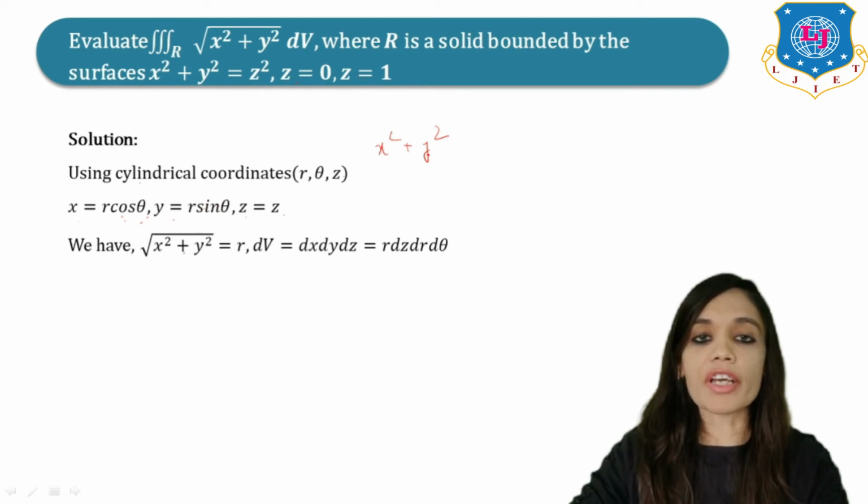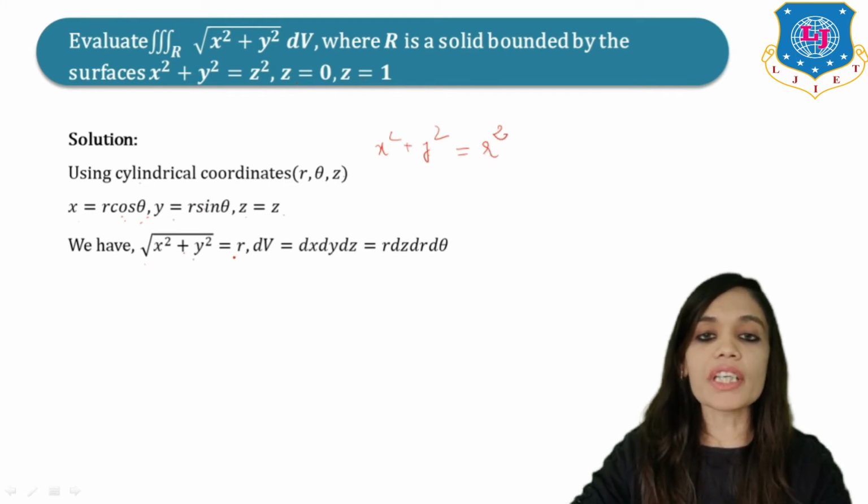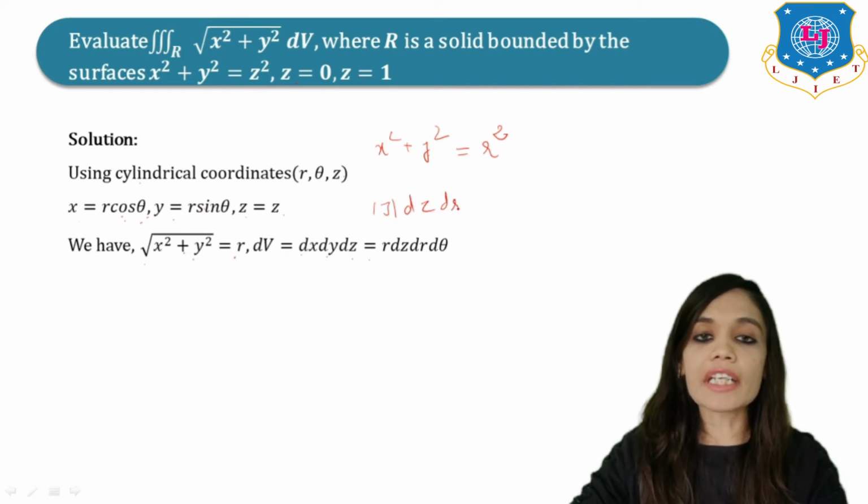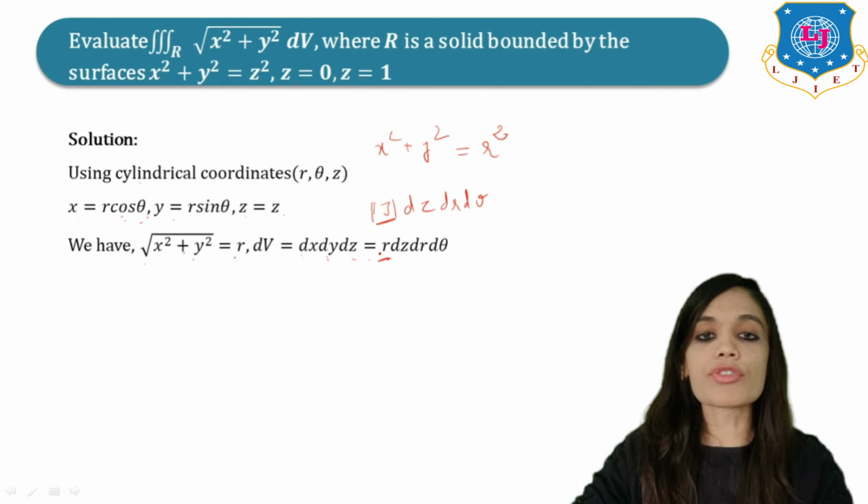Therefore square root of x square plus y square will be r. And your dV, that is dx dy dz, will be equal to mod J times dz dr d theta. But for cylindrical coordinates, our Jacobian is what? r. So dx dy dz will be equal to what?